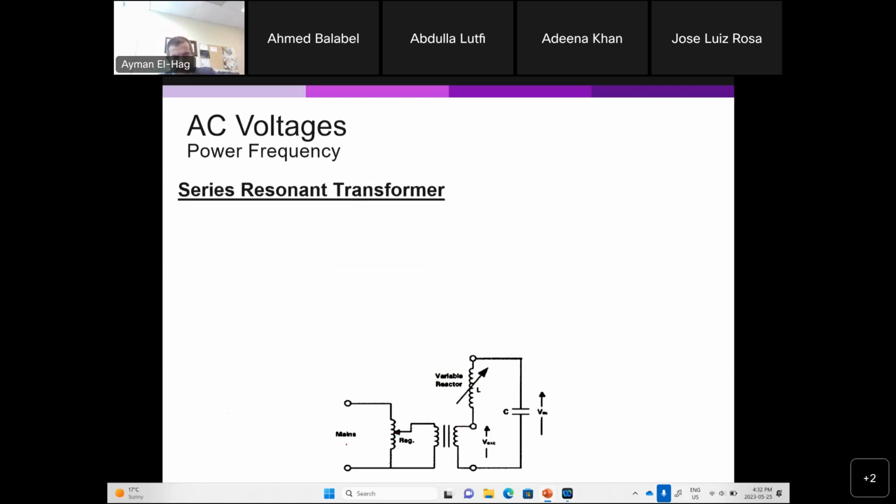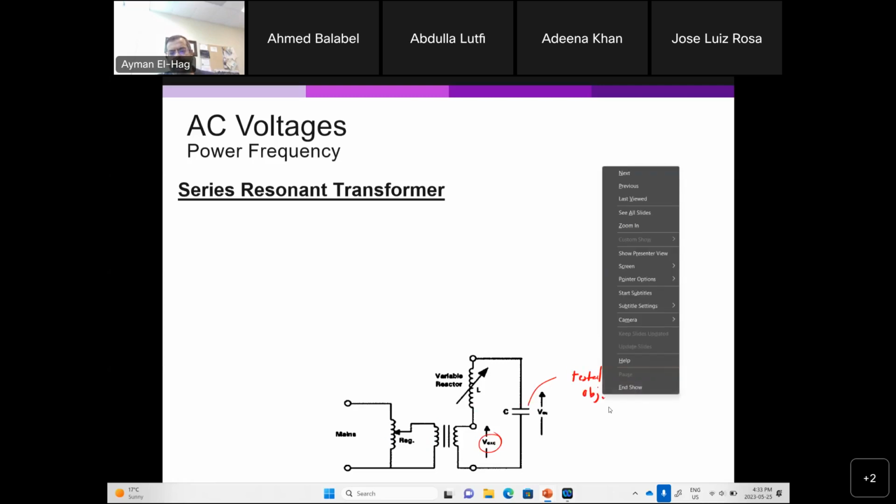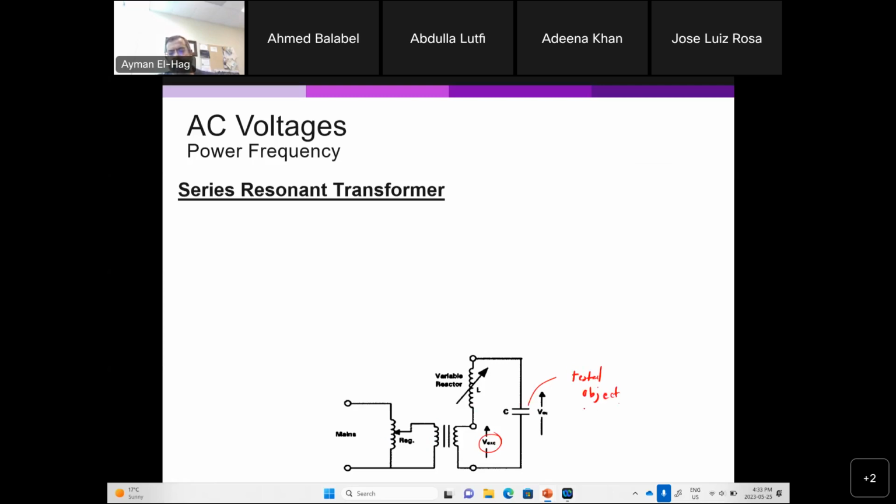What do we have here? This is where you have your input. This is like a regulator. So here you step up the transformer. This is your output. Now this is your test object, whatever you are testing. It could be anything, but as I said, we look at it as a capacitor. Now we have a variable reactor, something that we control.